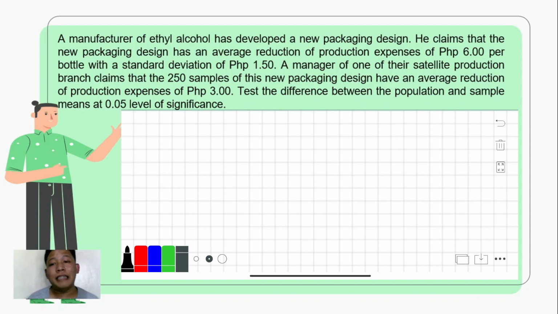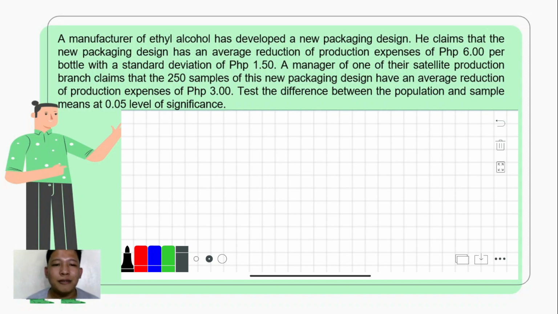So let us now have another example. Suppose a manufacturer of ethyl alcohol has developed a new packaging design. He claims, so we have here the word claim, which means this states our hypothesis. He claims that the new packaging design has an average reduction of production expenses of 6 pesos per bottle with a standard deviation of 1 peso and 50 centavos.